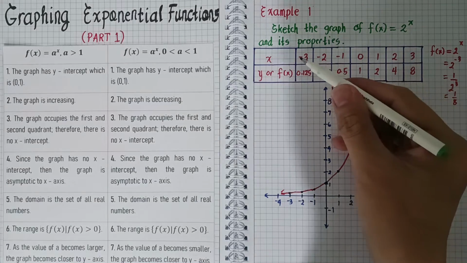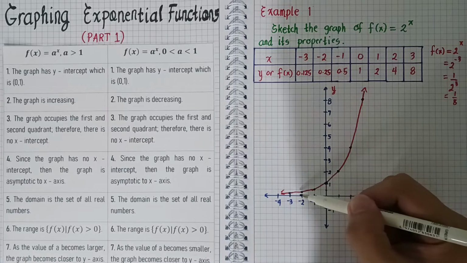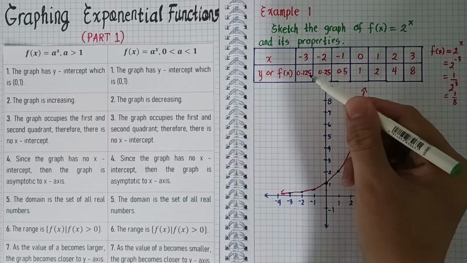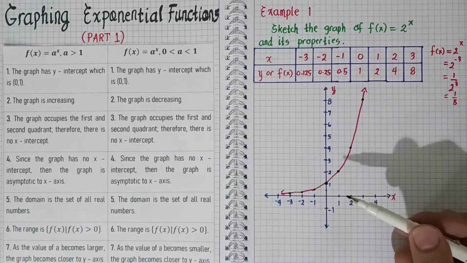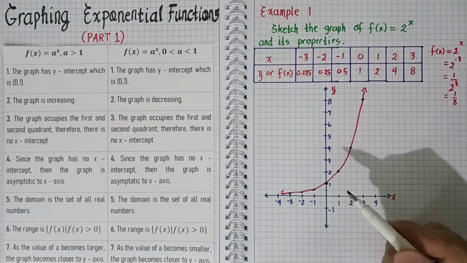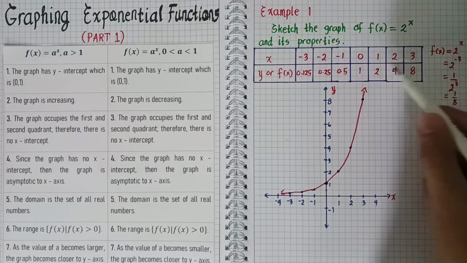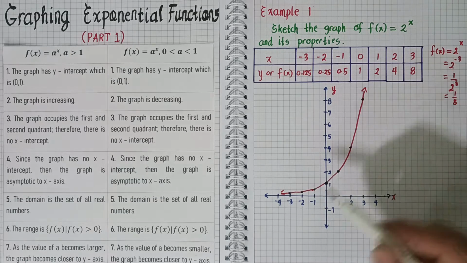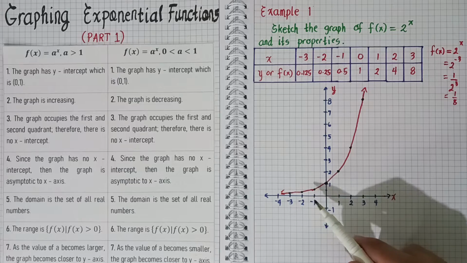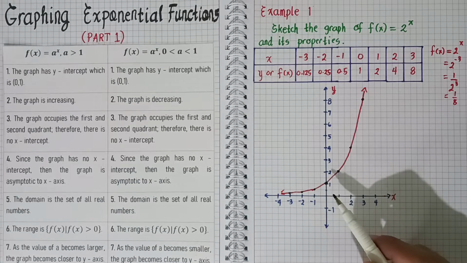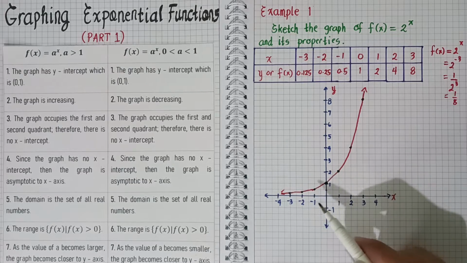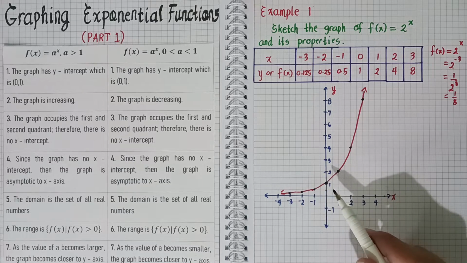Habang lumiliit yung number natin dito, okay? So, papalit na papalit yung makukuha nating value kung makikita naman natin. Okay, so as x increases, f of x increases exponentially. So, tumataas naman siya, right? So, as x decreases, f of x decreases exponentially. And would get closer and closer to 0, but will never equal to 0.